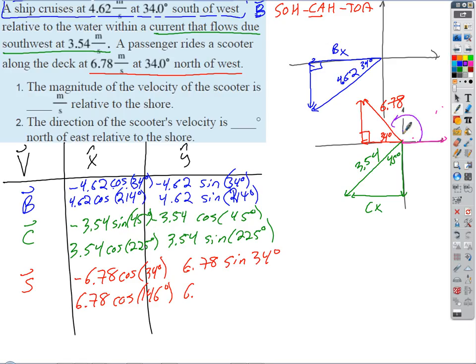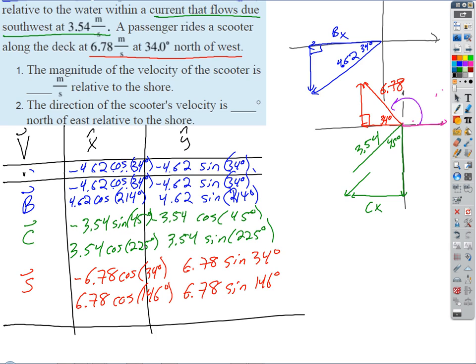How far did we go? Well, we went 34 degrees short of 180, right? Or we think about going 180 and then backing off by 34, okay? 6.78 sine 146.